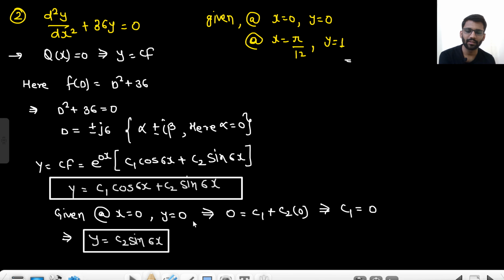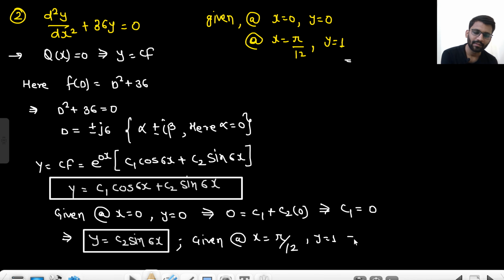Now what is also given? At x equals to pi by 12, y is equal to 1. If I put x equals to pi by 12 here, it would be 6 pi by 12, that will give you pi by 2. And what is sin pi by 2?